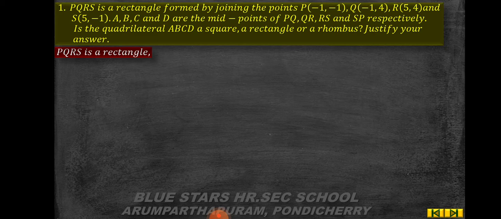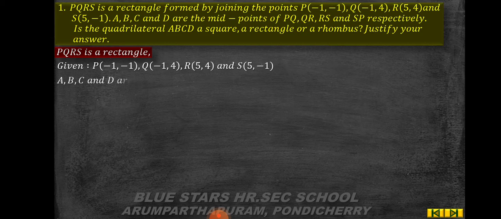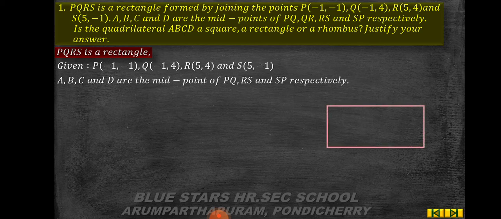Justify your answer. So solution: PQRS is a rectangle given P of minus 1 comma minus 1, Q of minus 1 comma 4, R of 5 comma 4 and S of 5 comma minus 1. So A, B, C and D are the midpoints of PQ, QR, RS and SP respectively.